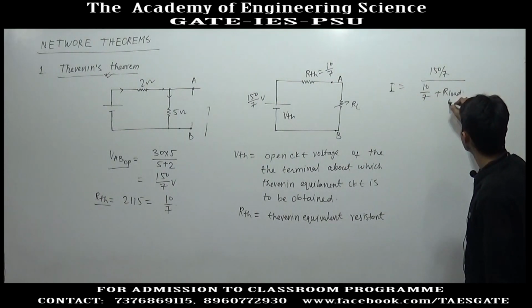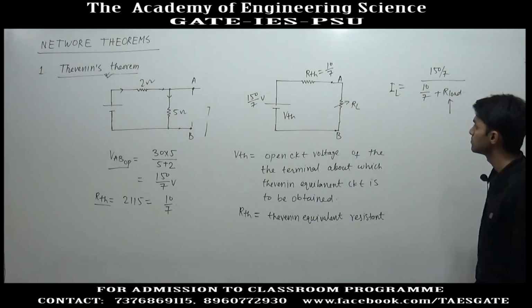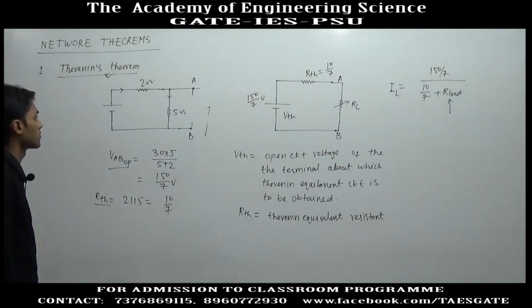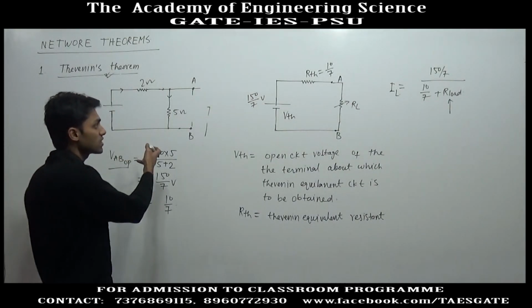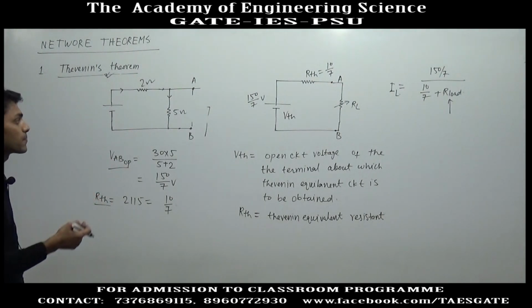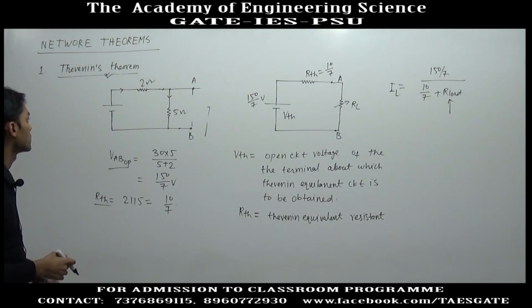So keep changing it and keep calculating the load current through the load resistance. If the circuit is very complex, then the use of the Thevenin equivalent circuit is very much justified.